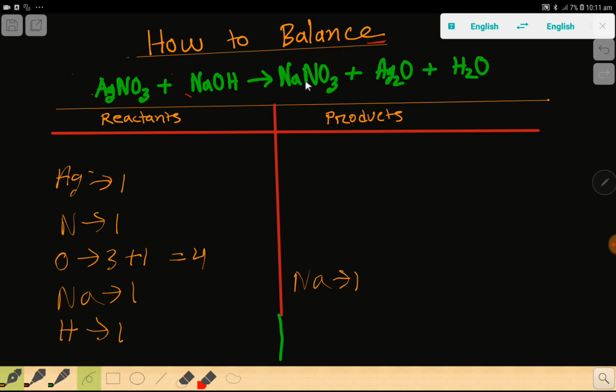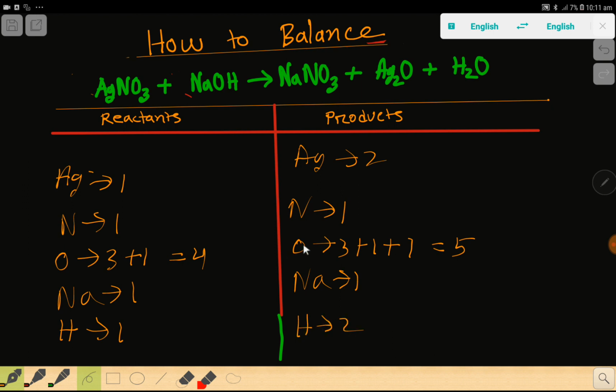Then we have nitrogen which is also 1, and then we have oxygen which is 3 here, plus 1 more oxygen, plus 1 more oxygen, so basically we are getting 5 oxygen. Okay, then here we have silver, so we need to write the number of silver here, 2. Then we have hydrogen which is 2.